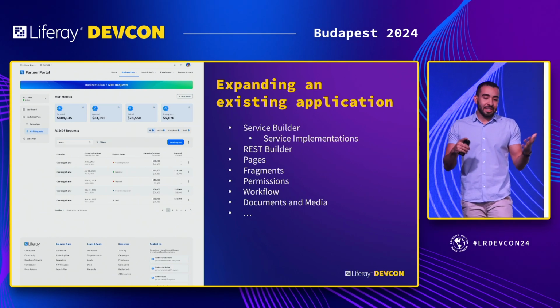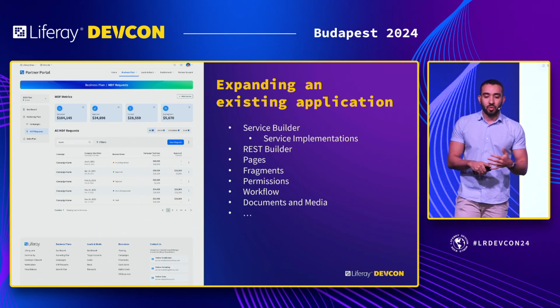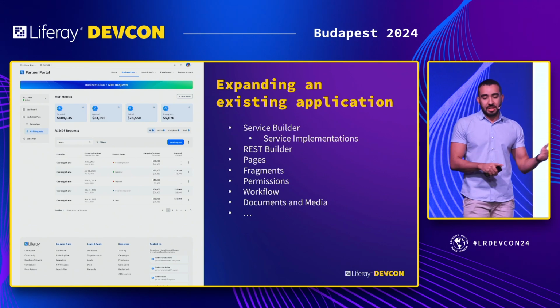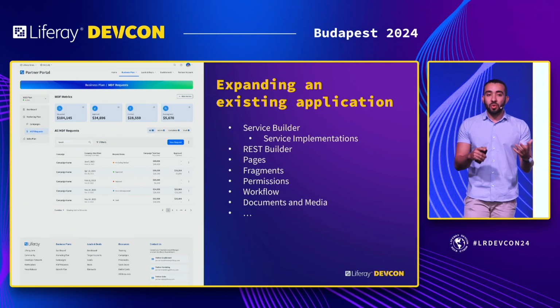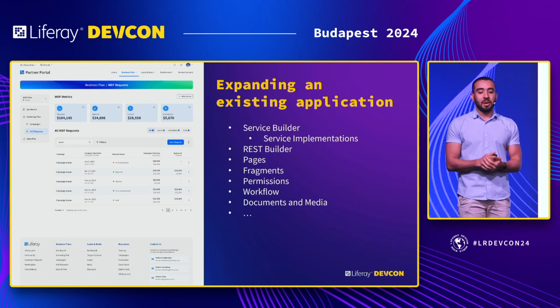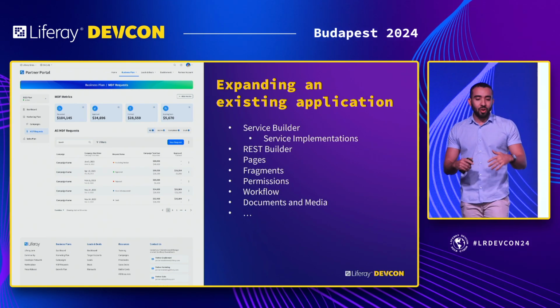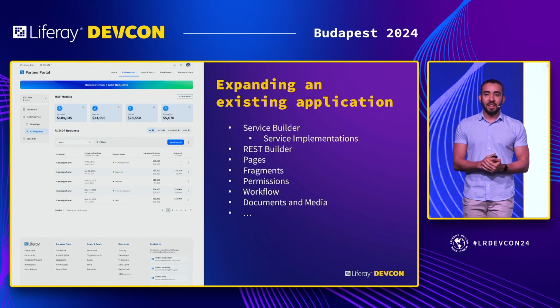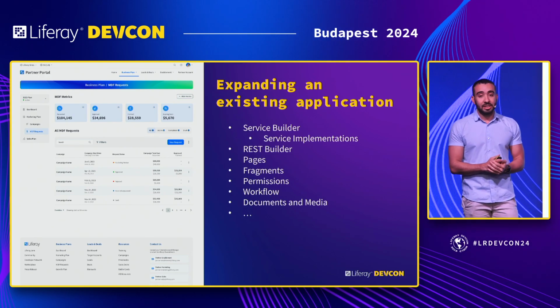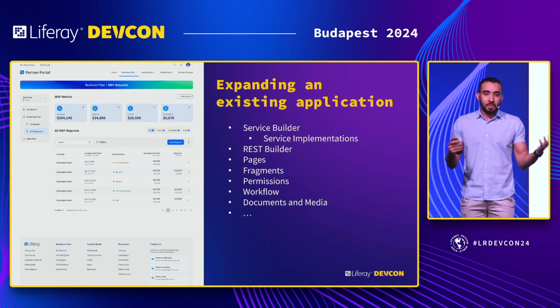I have a headless API that was built with REST Builder. I have pages, as I mentioned, custom fragments, permissions. So I have roles that can control my model permissions there, workflow, documents and media, and I can keep mentioning every Liferay framework that we have, and I need to expand it.